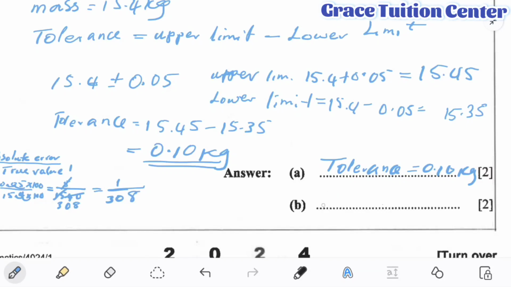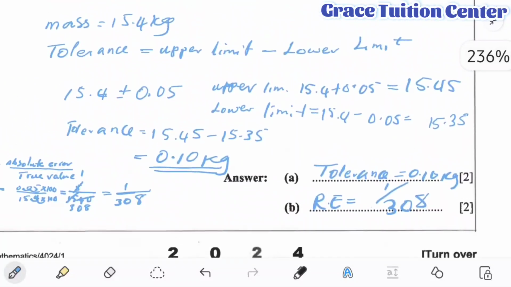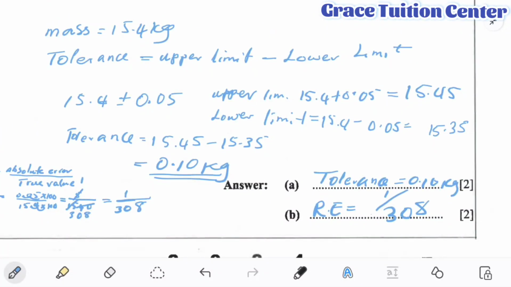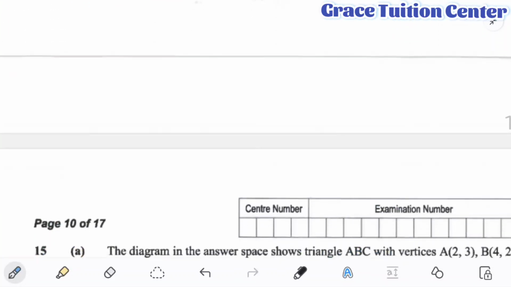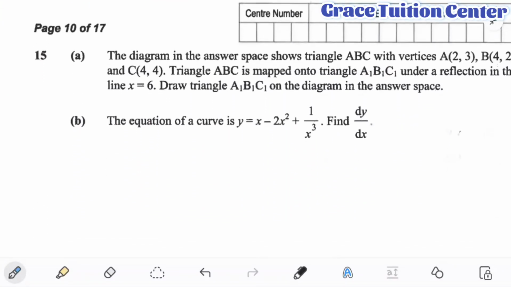So our relative error there is 1 over 308. Yeah, so let's proceed to the next question.